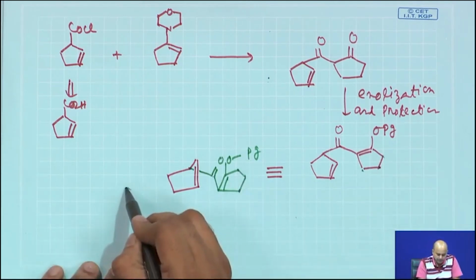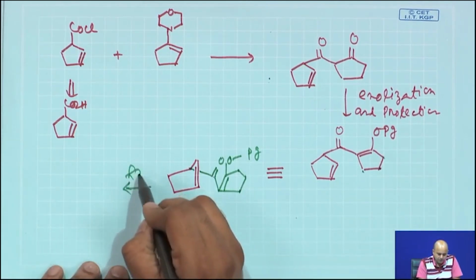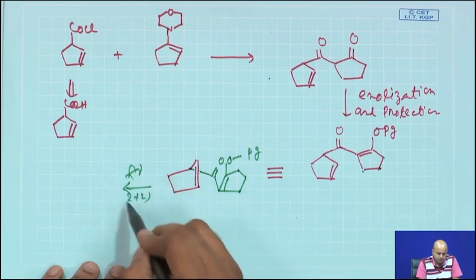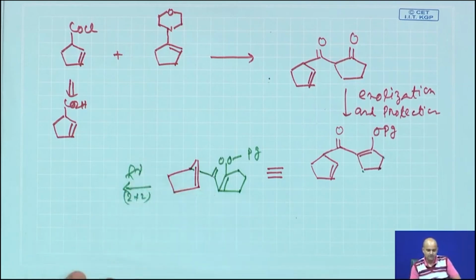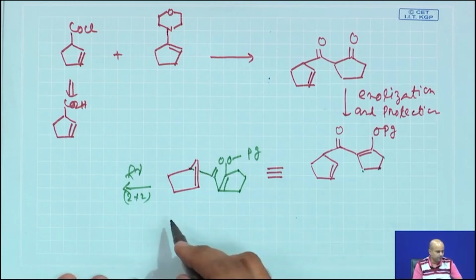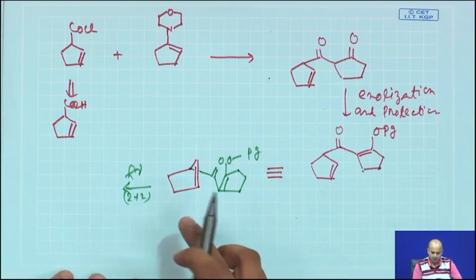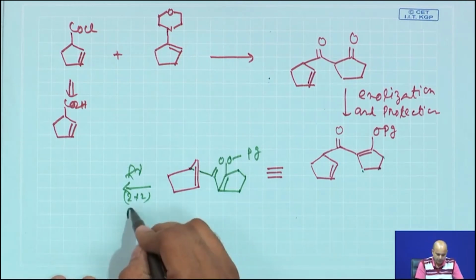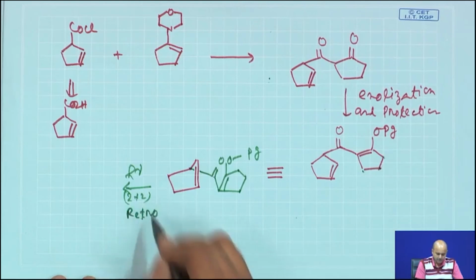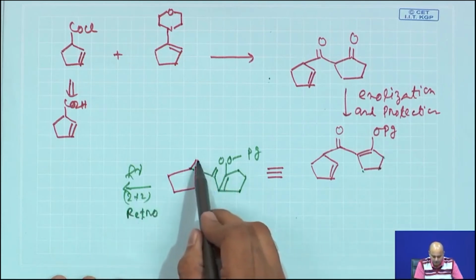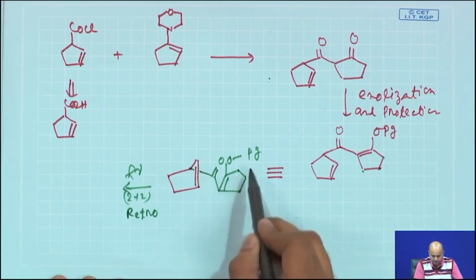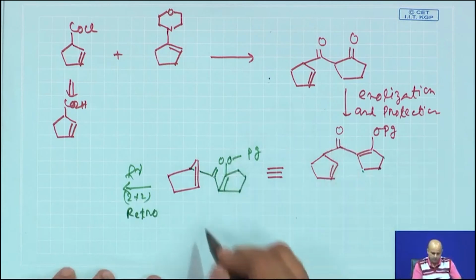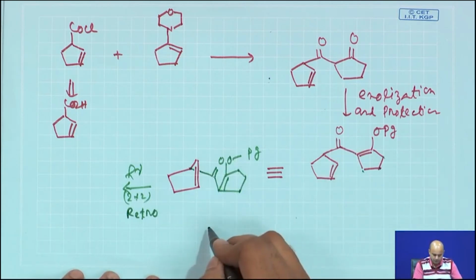Now, you do an h nu 2 plus 2 photocycloaddition. Once you do this 2 plus 2 photocycloaddition followed by the retroaldol, first basically you will be making this particular bond, this and this, then retrocleavage will give you the intermediate, for which you already discussed the pathway, how you can do this.